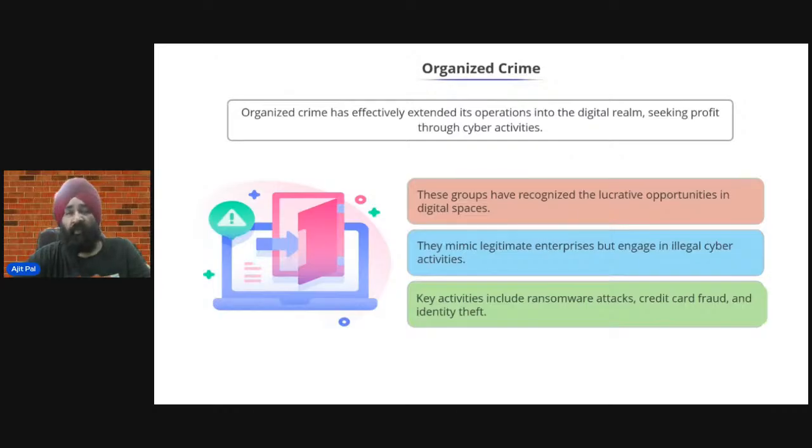With the help of cyber activities, you can siphon off lakhs or millions of rupees within a second. Recently, I was reading a news where an elderly couple was robbed of 90 lakh rupees within a minute because they clicked some link and they were gone.